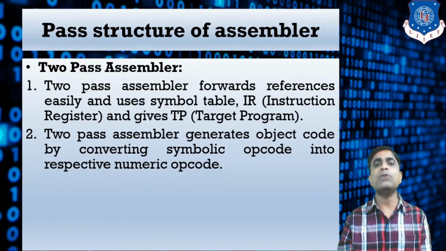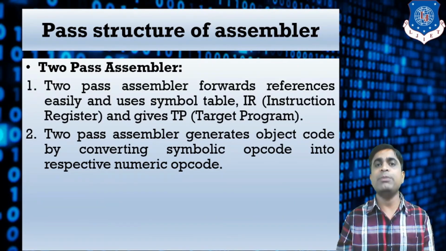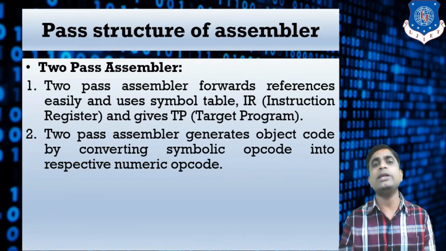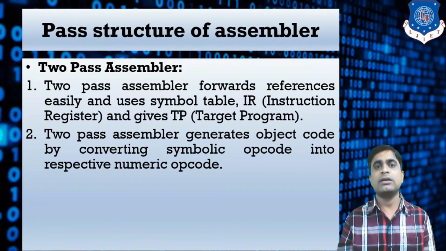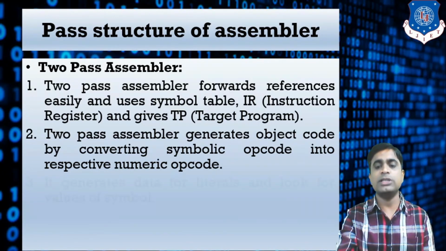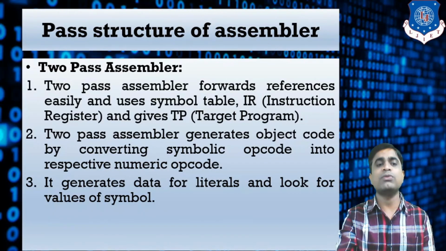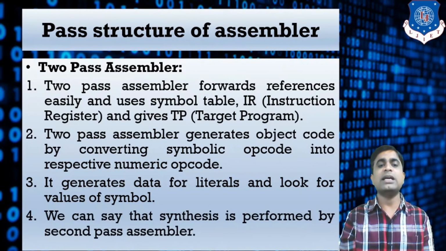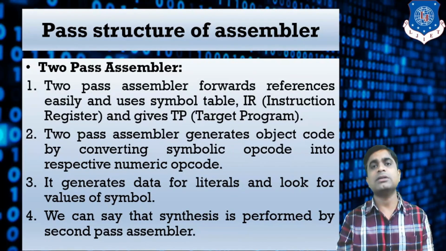We have symbols like add for addition, mul for multiplication, and mov for moving data from register to data. These are the symbolic names, and for them we have the respective numerical codes, so it will also generate the object code. It also generates the data for literals and looks up the value of the symbol. Finally, we can say that the synthesis is performed by the second pass assembler.